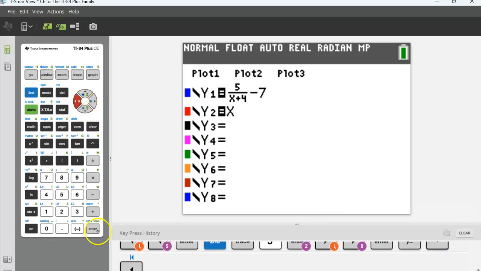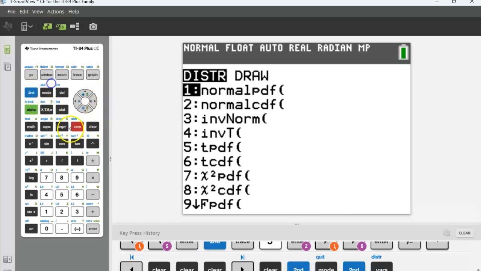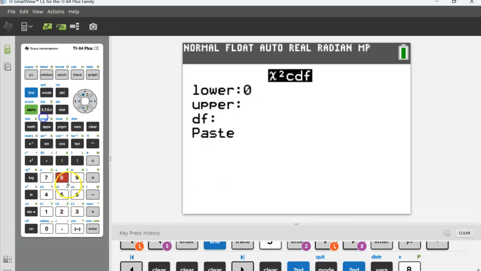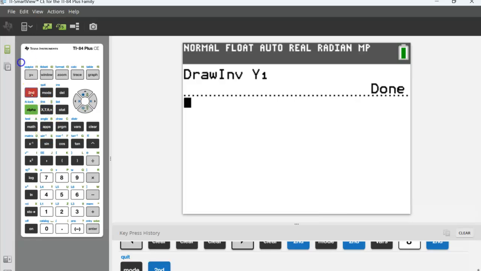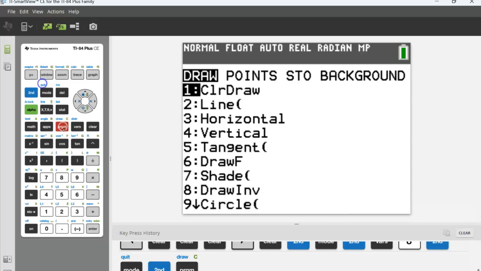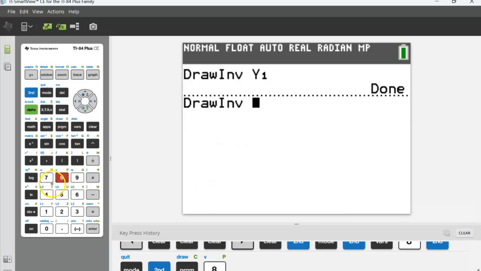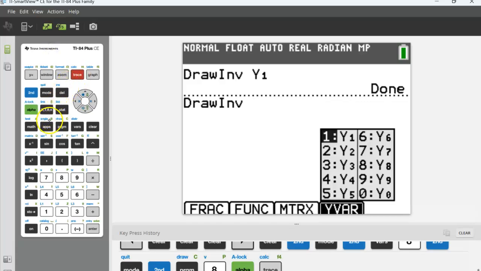I'm going to clear it, and then I'm going to do second, row, number 8, programs. Okay, number 8. I'm going to do inverse for y1, second alpha trace, that's 1.